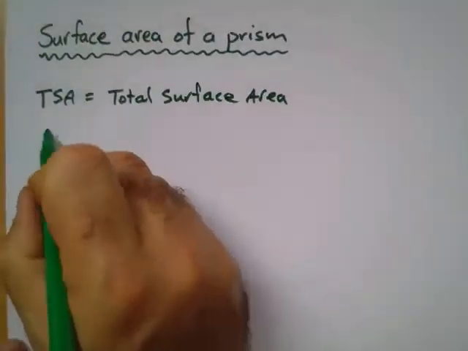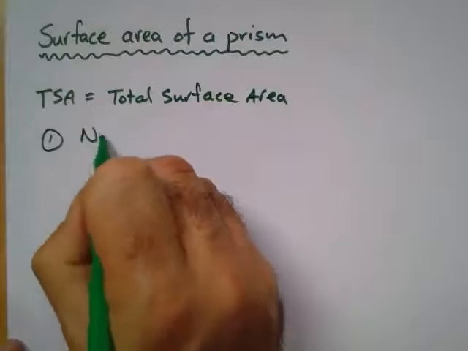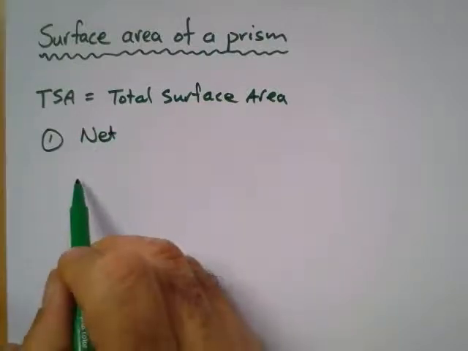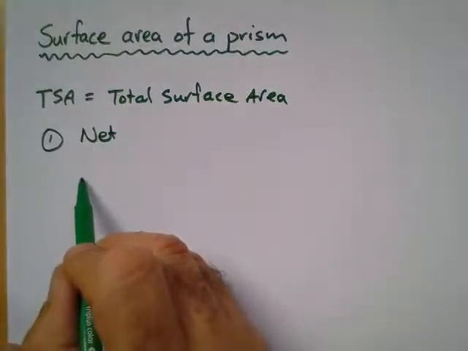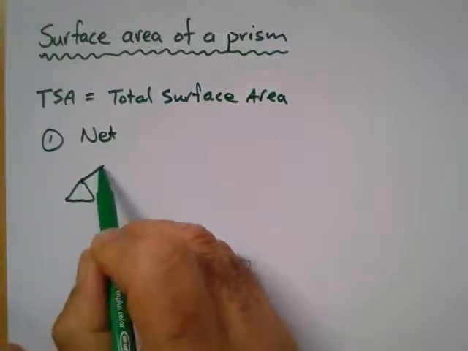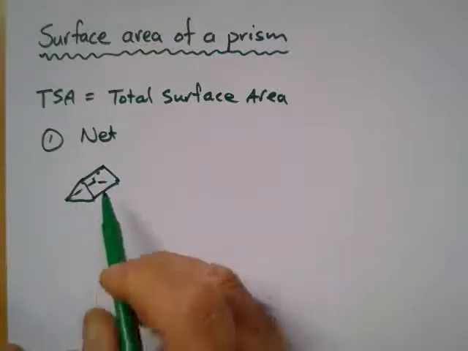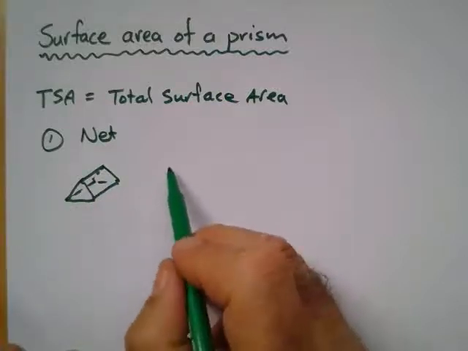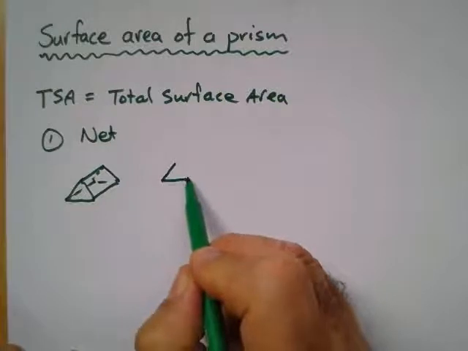Right, the first way you can do it is by drawing a net. Okay, so let's say you have a triangular base net. What you can do is unfold that in the net.